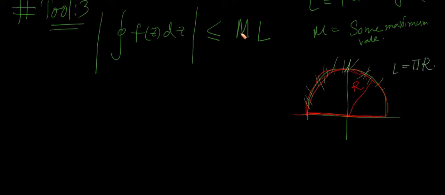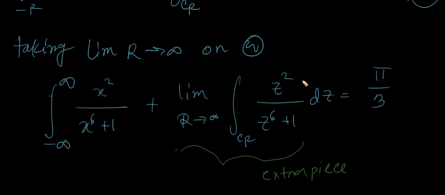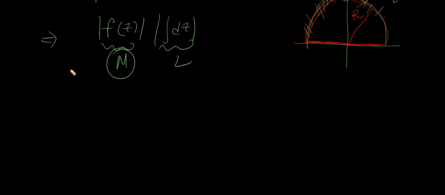Now we need to find what is this M. To find M, we can naively break down this modulus: we can write it as the modulus of f of z and this integration of dz, like this. This is a very naive breakdown of the whole thing, and this turns out to be M, and this turns out to be L. So what you need to do right now is take the complex valued function, z squared divided by z to the power 6 plus 1, and find the modulus of this.